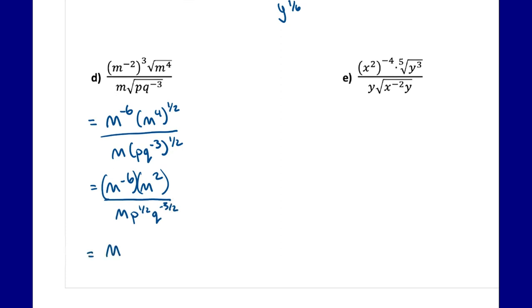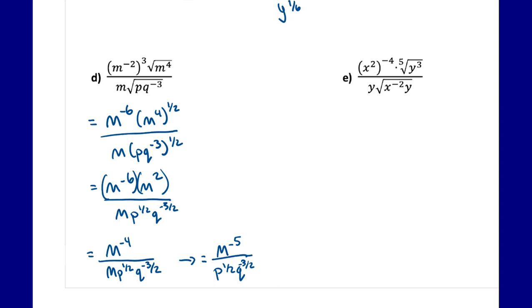On the top, we add, so -4 over m p 1/2 q -3/2. I can subtract my m, so I have m to the power of -5 over p 1/2 q -3/2.